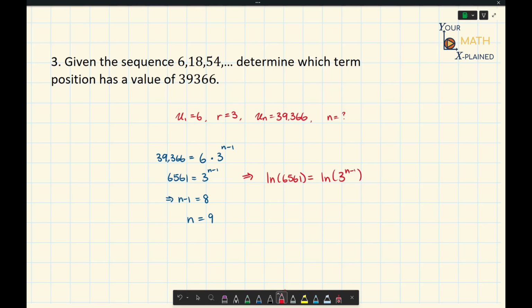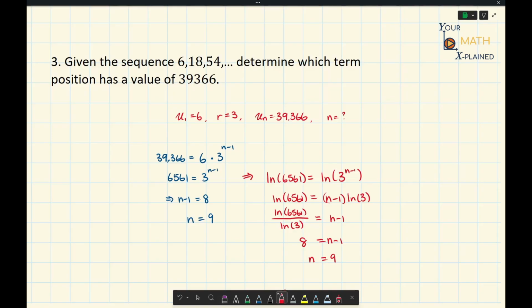And then our log rule tells us that we can pull the power to the front, so we get n minus 1 times ln of 3 is equal to ln of 6561. So therefore, n minus 1 is equal to ln of 6561 divided by ln of 3. And this is equal to 8, so we get 8 is equal to n minus 1, which means n is equal to 9.